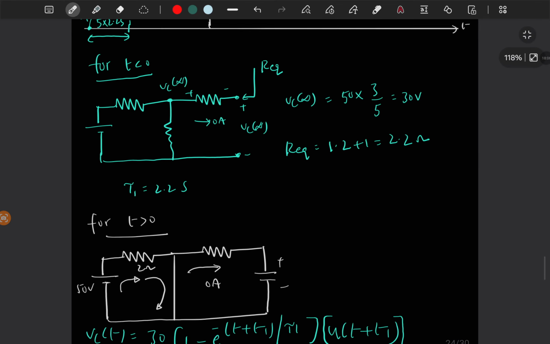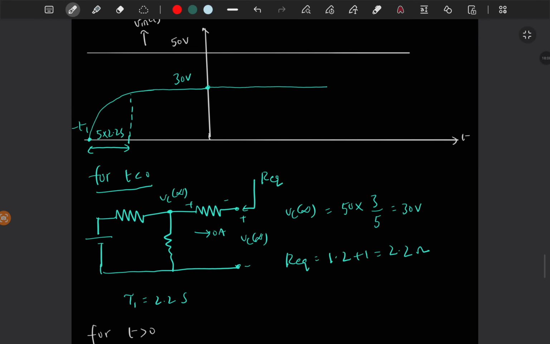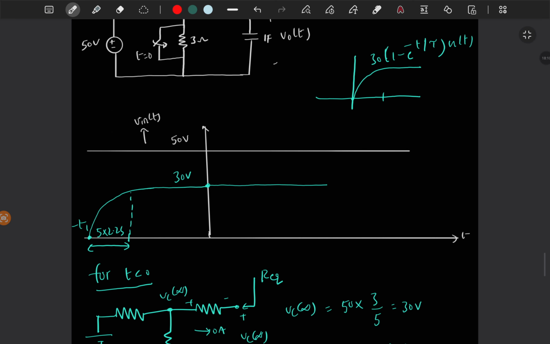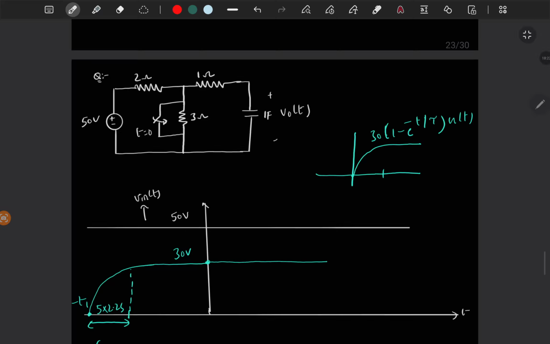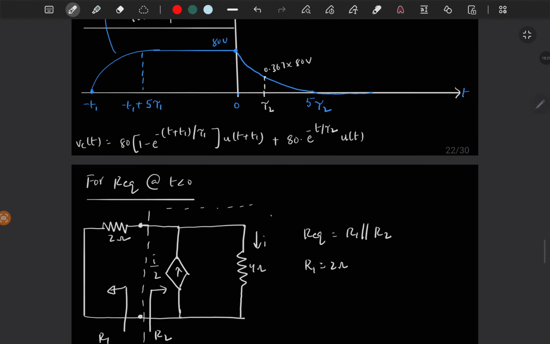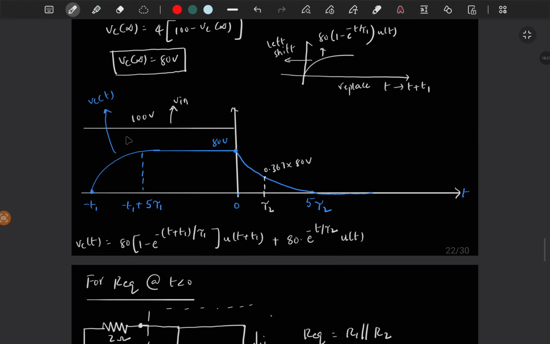So if you look at the previous examples, see, this is going till t tends to infinity. So you know this equation, you just have to left shift this by t1, then you will get that equation. So this is fine. And look at this equation. We have 80 into 1 minus e power minus t by tau.